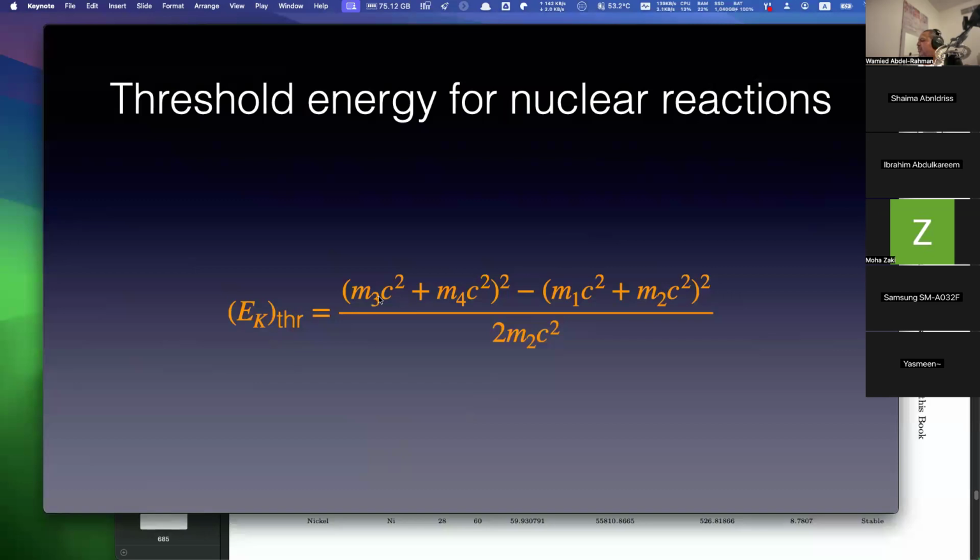It's given by the sum of the final masses squared minus the sum of the initial masses squared, divided by 2 times the mass of the target. This is the target, the mass of the target.